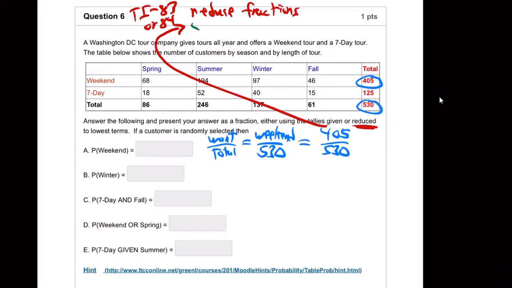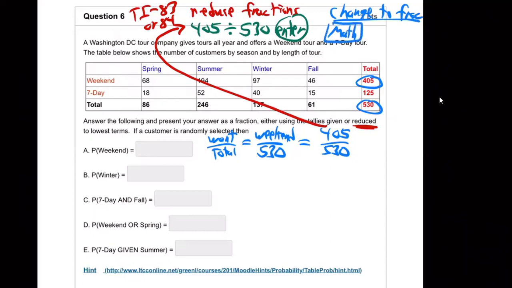So you just type the thing in first off, 405 or whatever yours is, divided by 530, hit enter, and you get some crazy decimal. And then to change to a reduced fraction, you hit the math button. You all see the math button on the left side of your TI calculator, right below the green button.